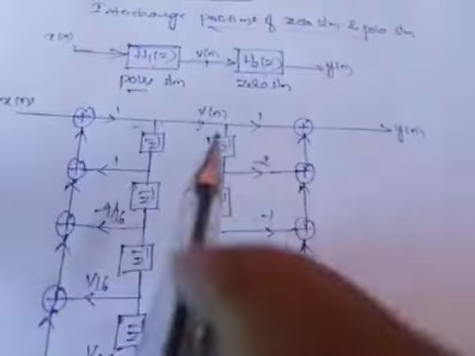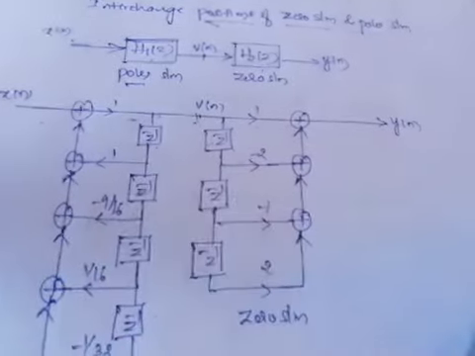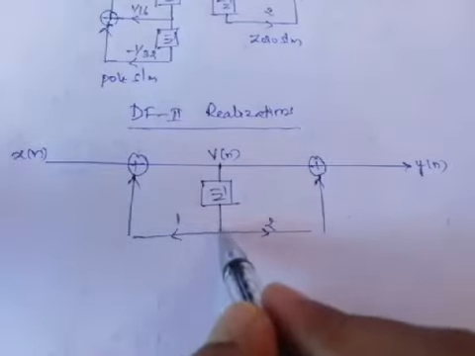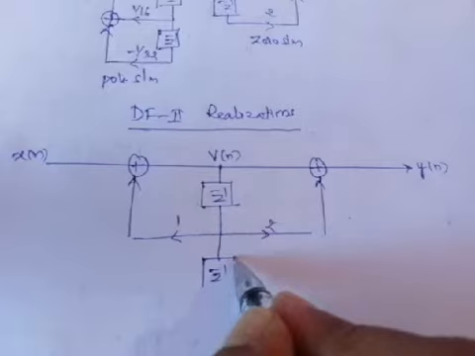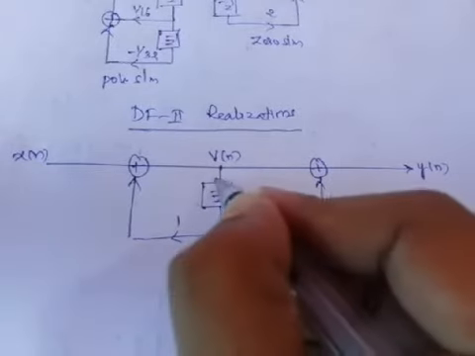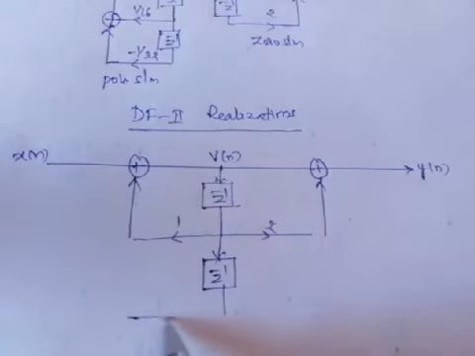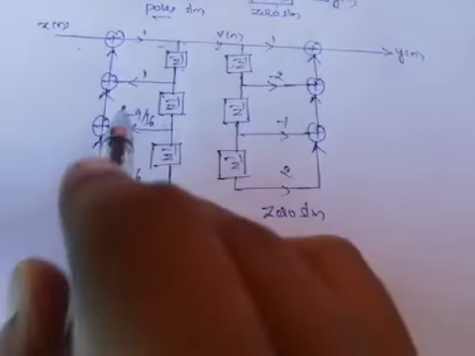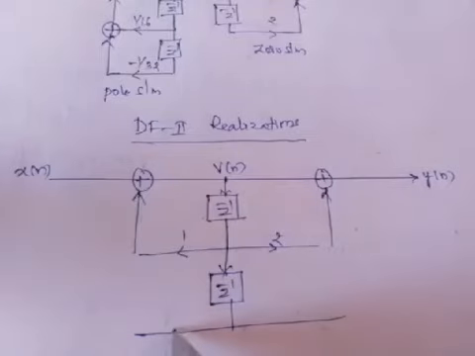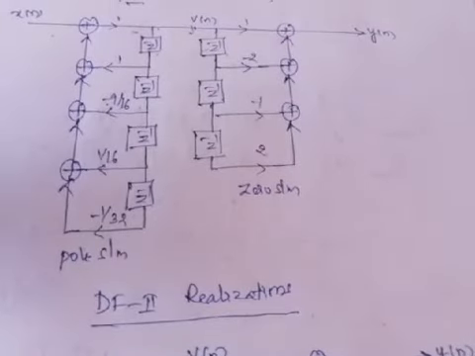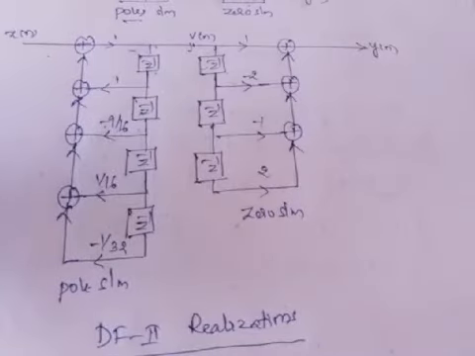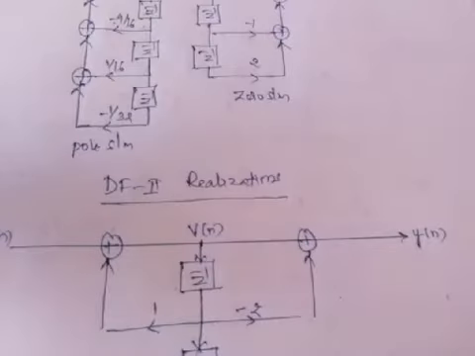Next, second time delay. The coefficient terms are minus 9 by 16 here, and here it is minus 1. Oh sorry, the first ones are 1 and minus 2, and this coefficient term is minus 1.